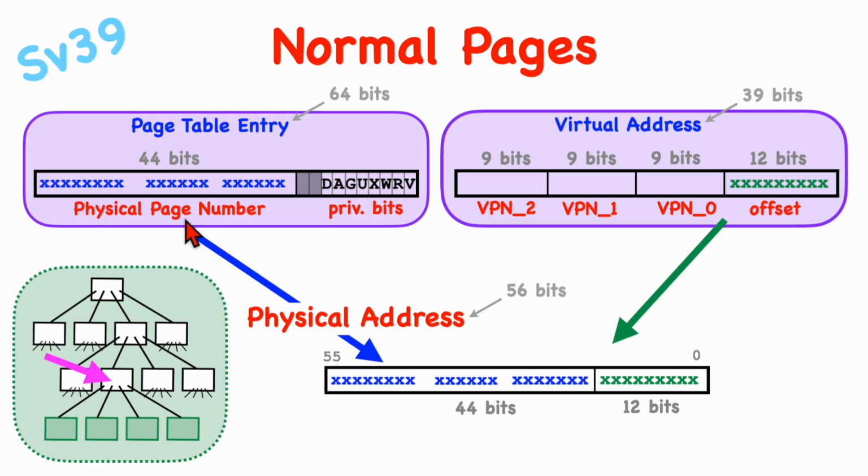With Sv39, the physical page numbers are now 44 bits in size. So to construct the physical address, which is now going to be 56 bits in size, the MMU will use all 44 bits as the upper portion of the address. And it'll grab the 12-bit offset from the virtual address and glue it together to construct the complete physical address.